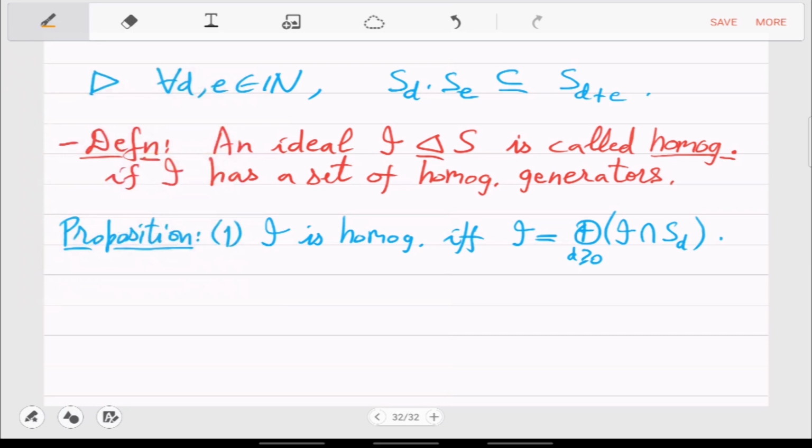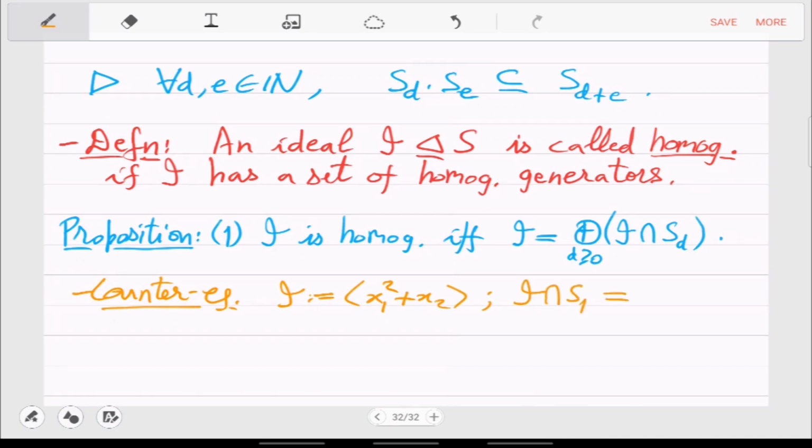The counterexample is, if you started with the ideal x1 square plus x2, then what is I intersection S1? What are the linear forms in this? There is none, right?